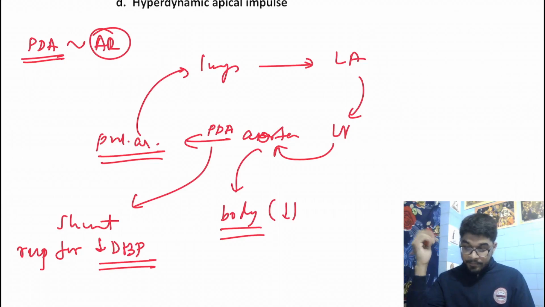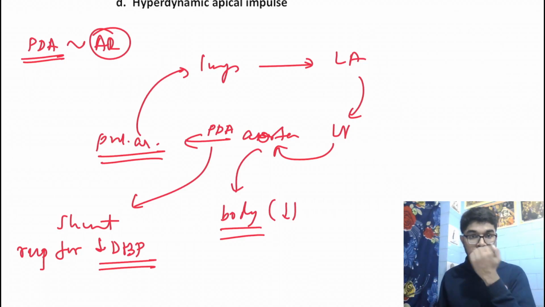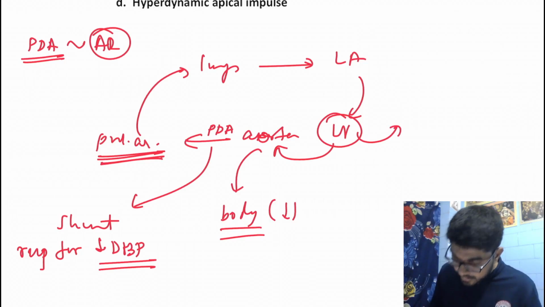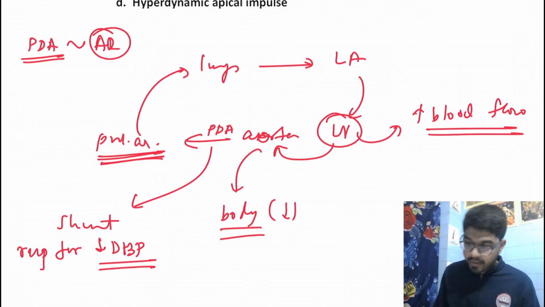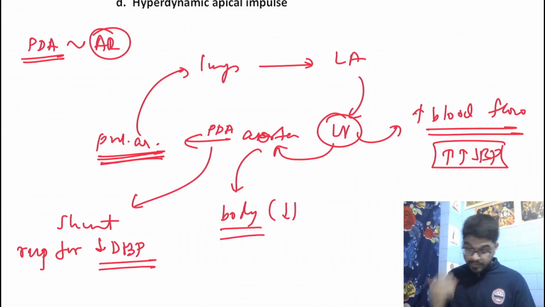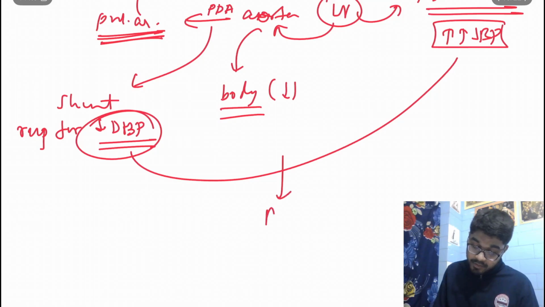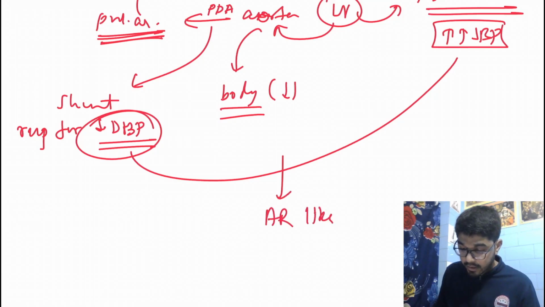An increased amount of blood is presented to the pulmonary artery, then to the lungs, the left atrium, and the left ventricle. The left ventricle gets increased blood flow, which is responsible for the increased systolic blood pressure. So we get a decreased diastolic blood pressure and an increased systolic blood pressure. These two things are responsible for the aortic regurgitation like features.